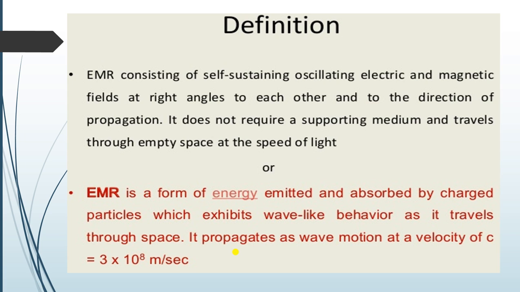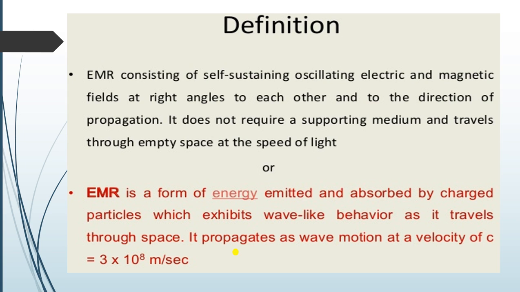Electromagnetic radiation is nothing but a form of energy emitted and absorbed by charged particles, which exhibit wave-like behavior. Light always propagates in a straight direction.